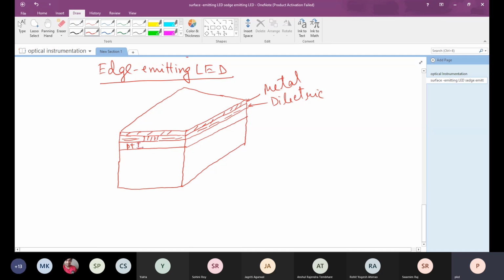So the major source of positive ions is through a base of P plus InP layer. Then we have P plus indium gallium arsenide phosphide.